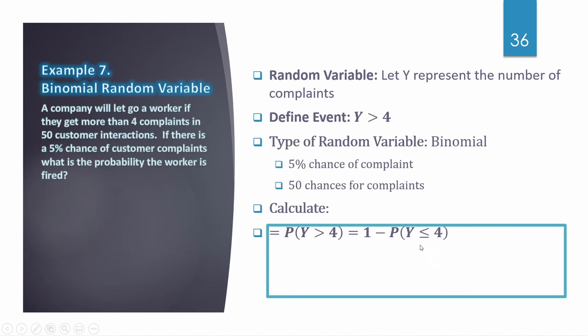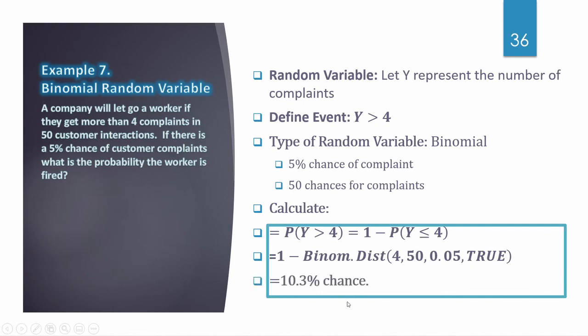And again, we have to write it this way so that we can use the cumulative option in our binomial distribution function, binom.dist in Excel. That turns out to be 1 minus binom.dist of 4, 50, 0.05, true, which is a 10.3% chance. There is a 10.3% chance that our worker is going to get fired in 50 customer interactions.